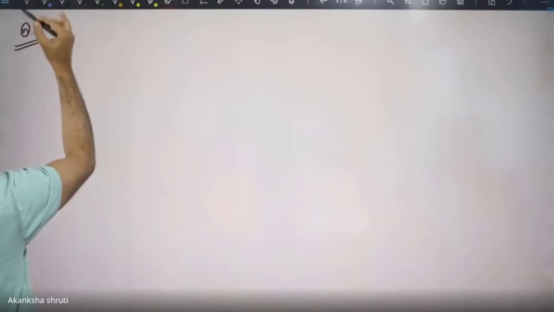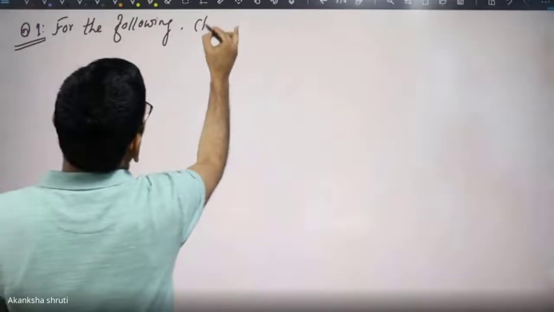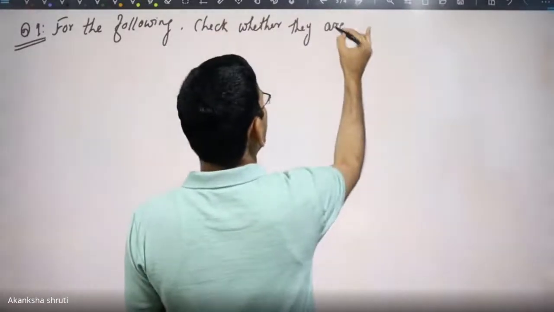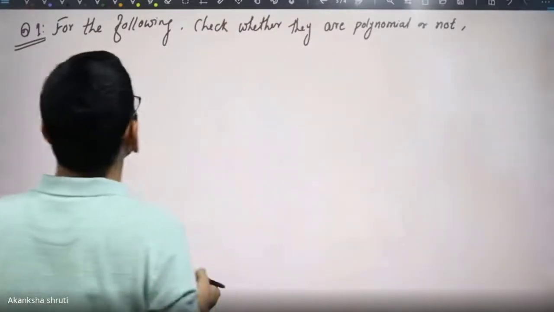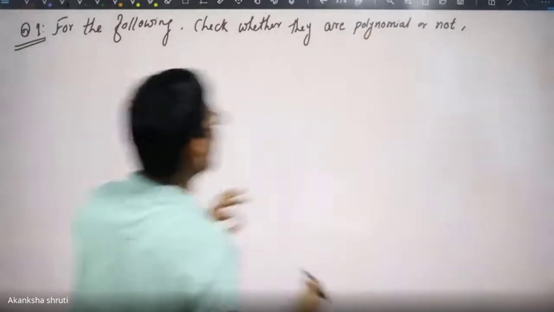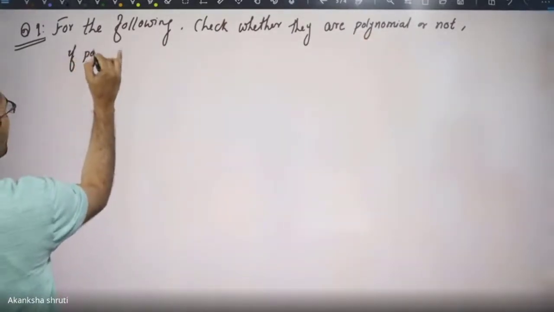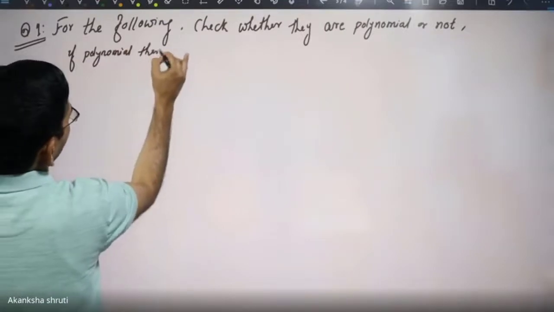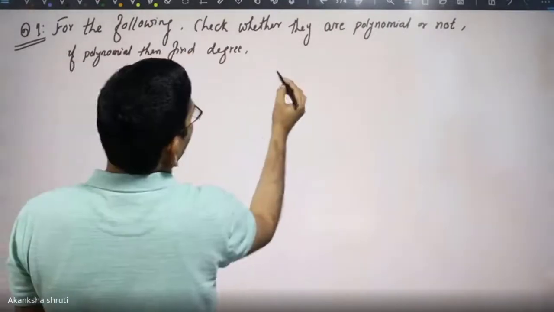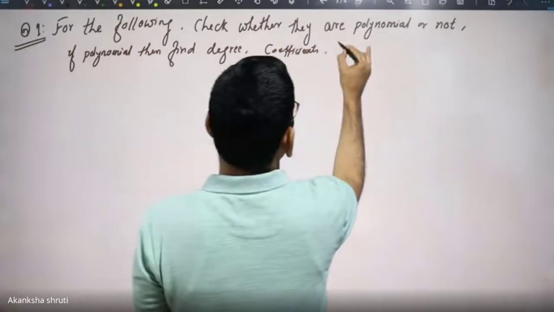If it is not a polynomial, no need to define the degree. So, for the following, check whether they are polynomial or not. If polynomial, then you have to find their degree, coefficients, constant term.